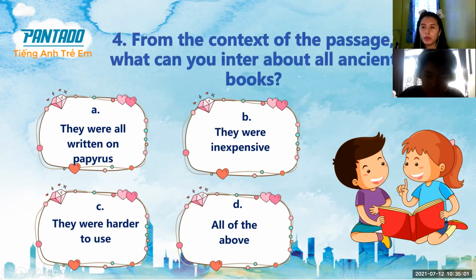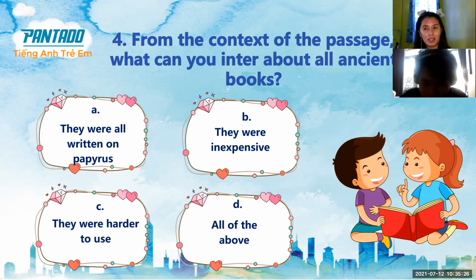And number 4. From the context of the passage, what can you infer about all ancient books? What can you infer about ancient books? They are old, because our books now are new, because it's modern. They're old books, very big, and with a lot of process.